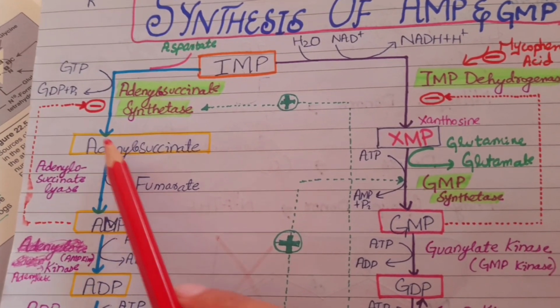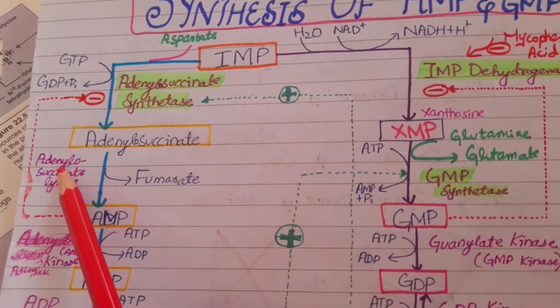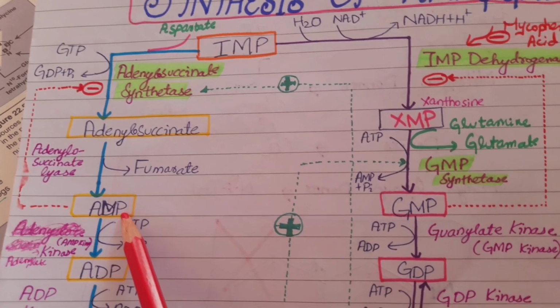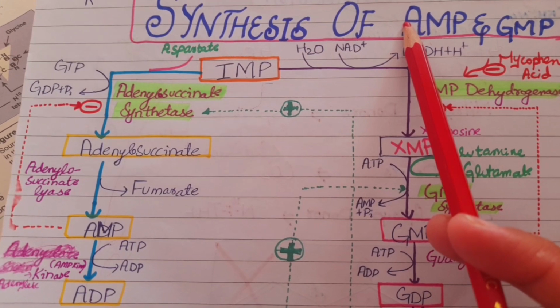In the next step, fumarate is released from adenylosuccinate by the enzyme adenylosuccinate lyase, and the product is AMP. Now our major product that we were discussing in this topic is covered.